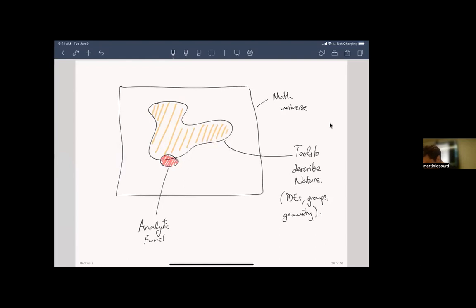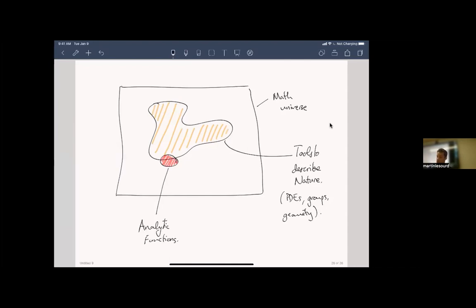So that's the point I'm making: if you restrain yourself to analytic functions, you miss most of all phenomena, like dispersion of heat, collision of waves, setting up initial data, solving evolutionary problems, etc. Certain things are analytic. For instance, we can describe the round sphere using an analytic function, but it's a very small subset of the tools that we have to describe nature.